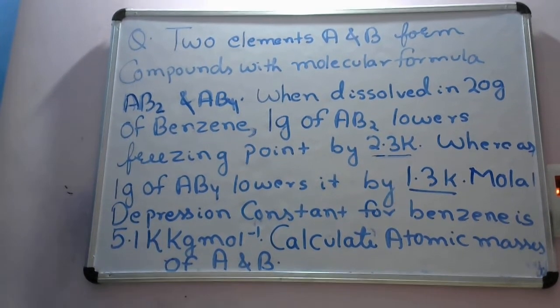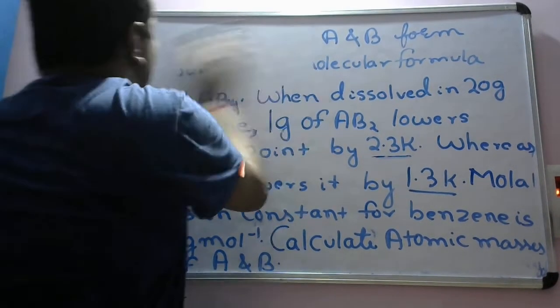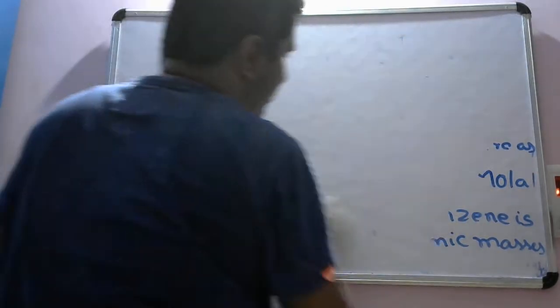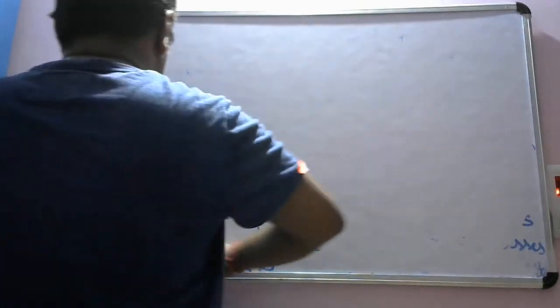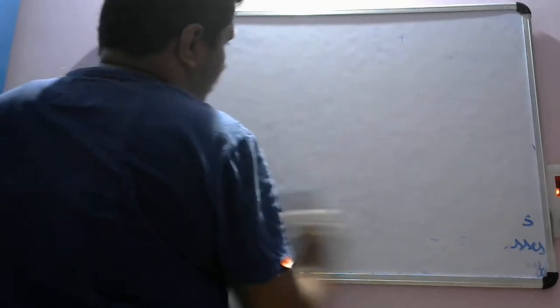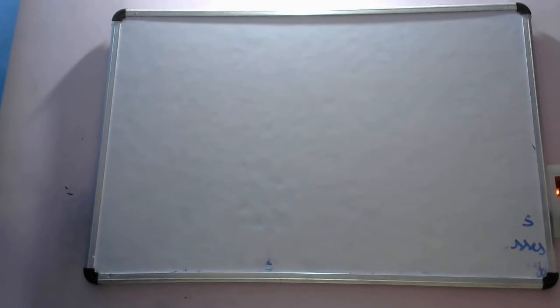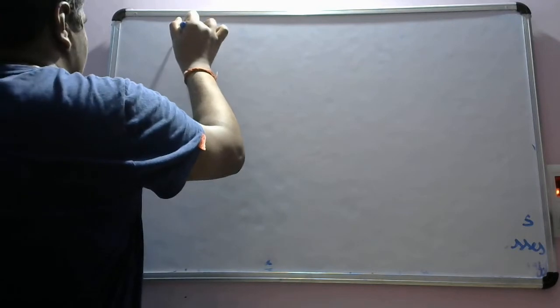Since the molar masses and the depression in freezing point are different, we will get two different equations, while everything else remains the same.